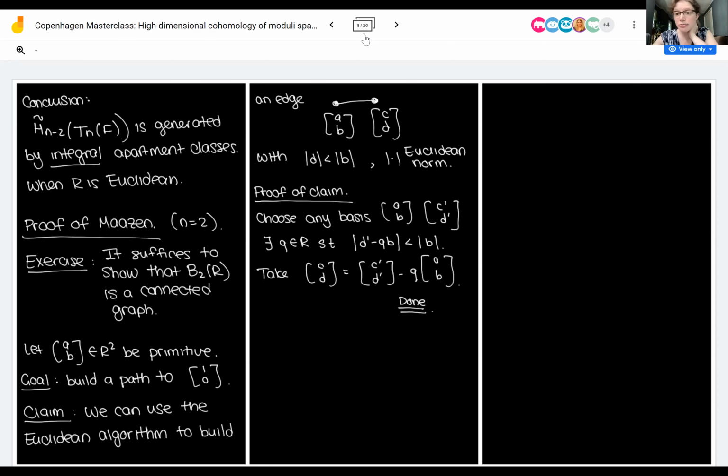And it's known to be 0 for n equals 2. So I think Dan Margalit asked me whether generation by integral apartments was possibly equivalent to vanishing of that top dimensional cohomology group, and the answer is no, because we know of one number ring and n equals 2 where it vanishes, alas.